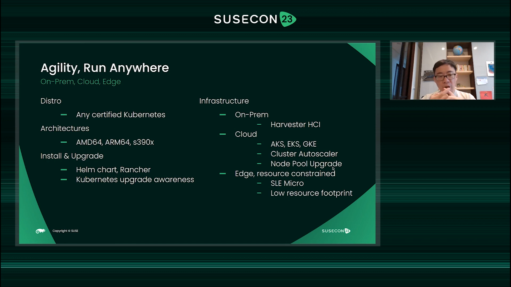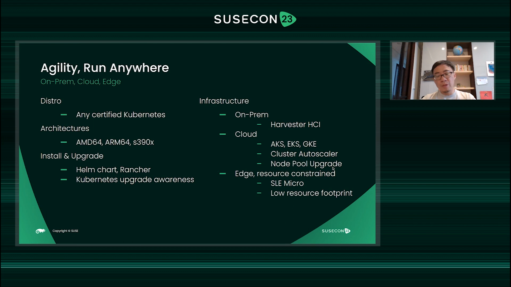And for install and upgrade, we have a unified way to let users install and upgrade Longhorn by Helm, or you can leverage Rancher. Rancher has an application marketplace. You can install and manage Longhorn there. And also, because we want Longhorn to run anywhere, we need to make the upgrade process and experience smooth. So Kubernetes upgrade awareness is something Longhorn supports by leveraging pod disruption budget and drain operation.